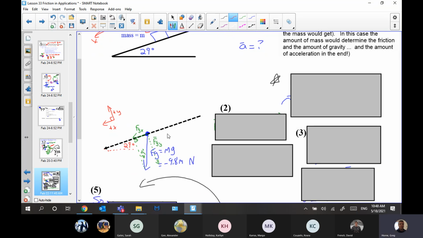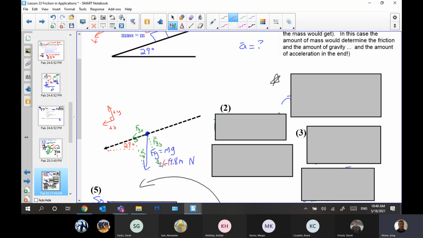So we've got a gravity force down on it, which we can't say the value, but we can say that it's 9.8 m. I wouldn't always put a minus here, because the arrow clearly shows down. So I might prefer to have that just be 9.8 m, but we know that when we put it into an equation, it has to be a negative value, because we're thinking about directions, right?